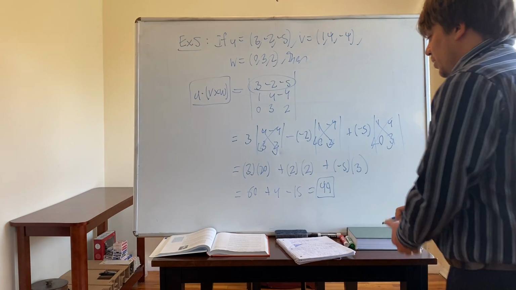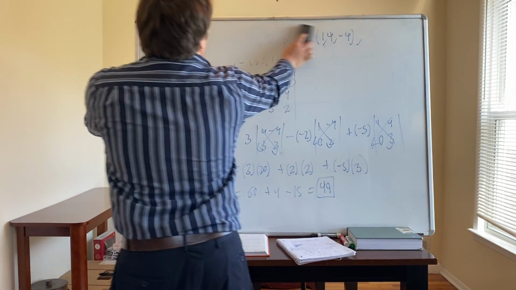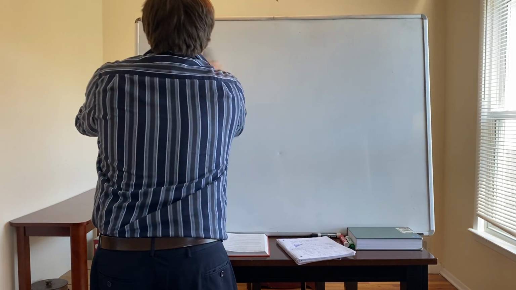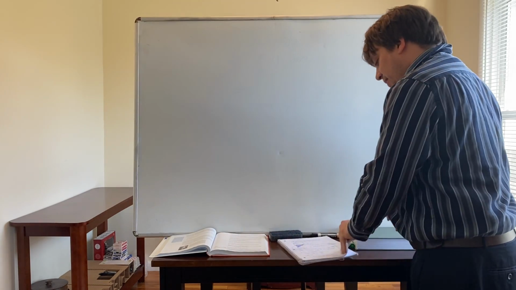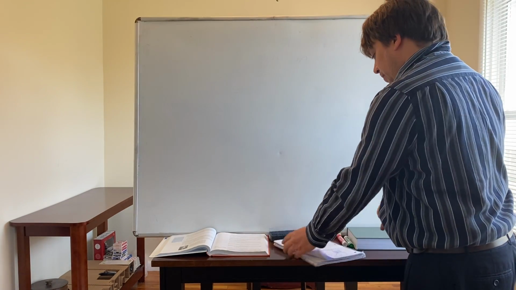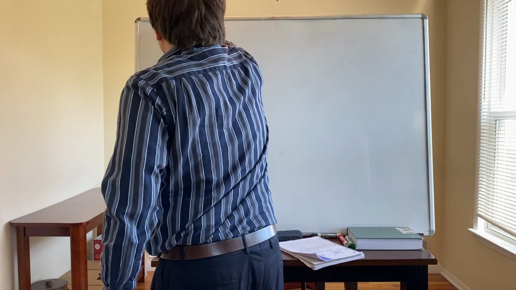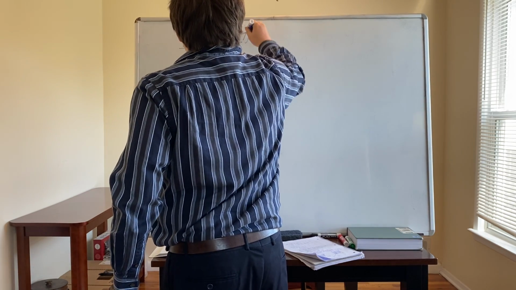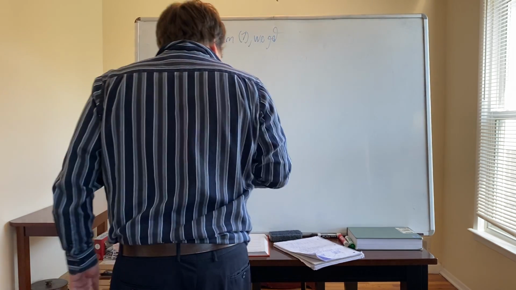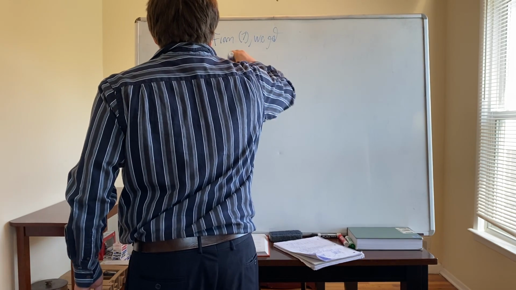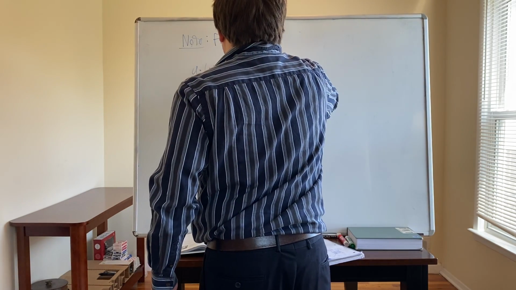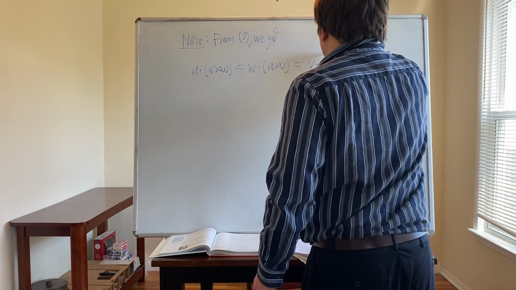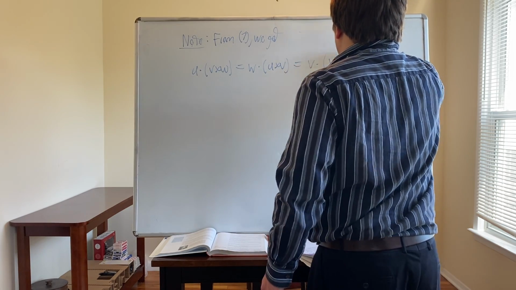Okay, so now we have the definition of a scalar triple product and an example of calculating it. Another note, from equation 7 on the last board, we get that u dot v cross w is equal to w dot u cross v, which is equal to v dotted with w cross u.